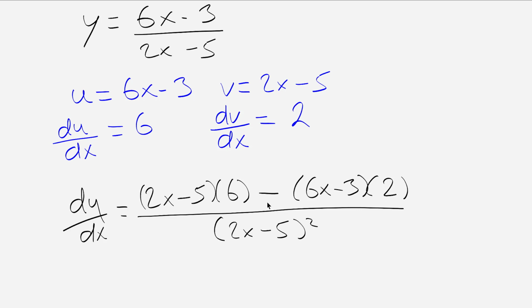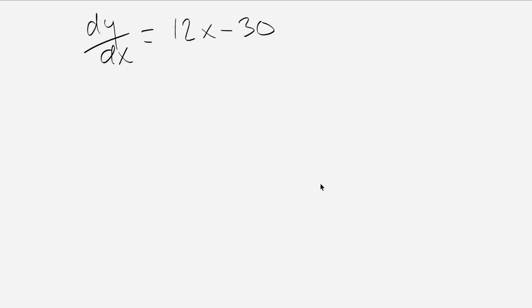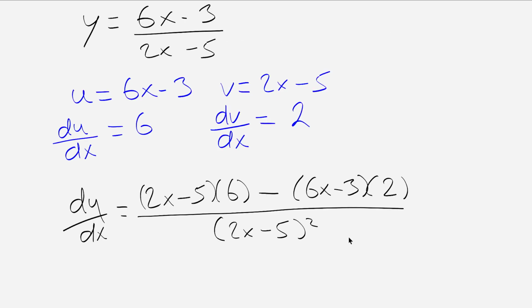So we're going to have minus 2 by 6x will be minus 12x, and minus 2 by minus 3, the minus by minus will be a plus there. Okay, so minus 12x plus 6, all over, and then the bottom squared, (2x minus 5) squared.